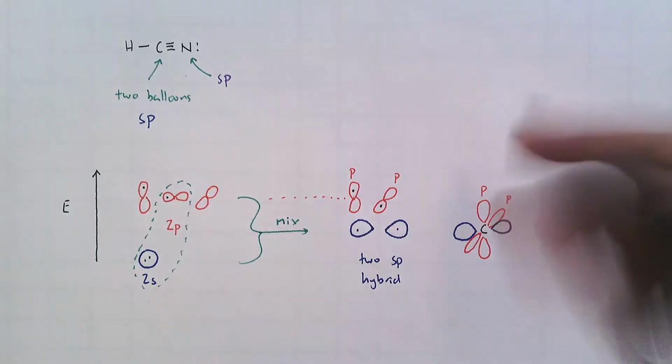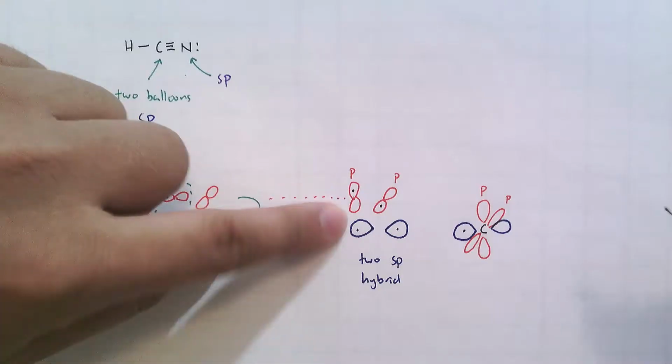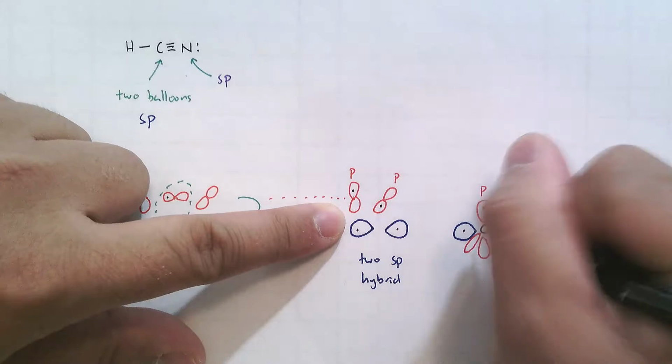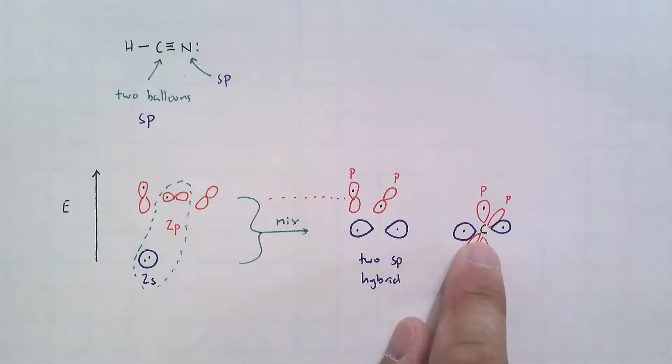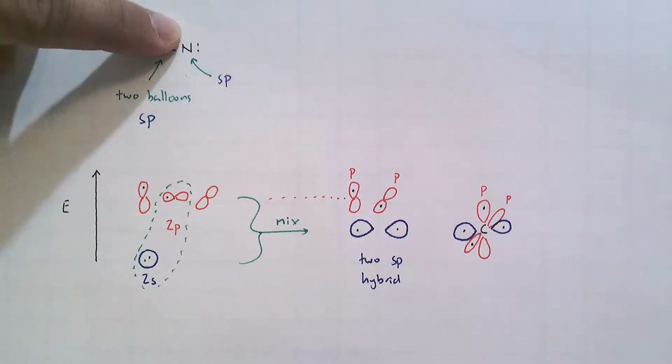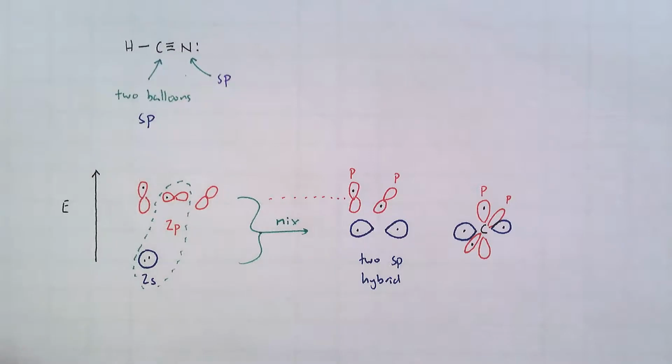If you fill in your valence electrons, the same way we did it here, your dots are now there. So all I'm doing is overlaying these orbitals onto a carbon nucleus. But look at nitrogen. Nitrogen has the same situation.